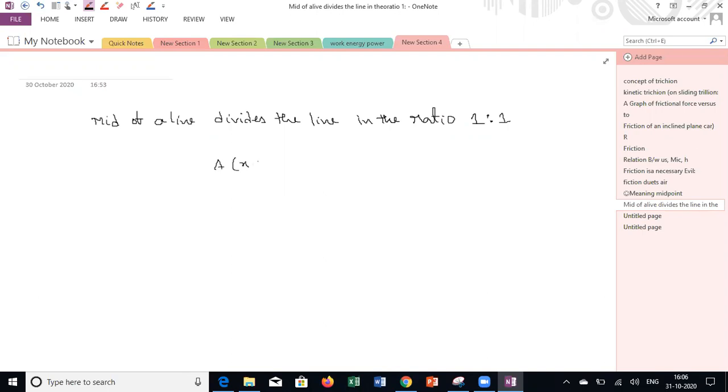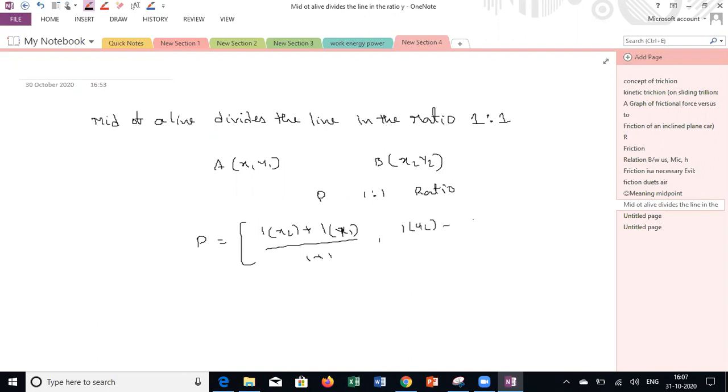A is x1, y1 and B is x2, y2. P is a point dividing in the 1:1 ratio. So to calculate P using the section formula: 1 into x2 plus 1 into x1 divided by 1 plus 1, and 1 into y2 plus 1 into y1 divided by 1 plus 1.